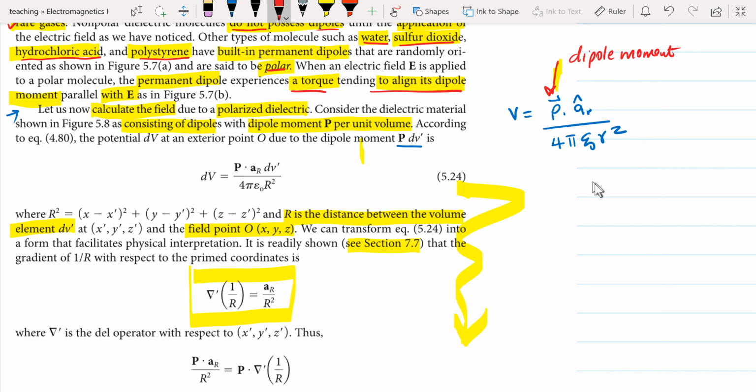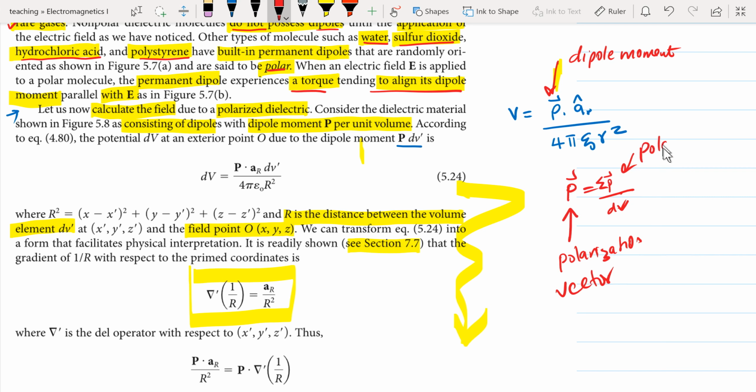If we want to find the polarization vector P, capital P, it is obtained from the sum of the dipole moments divided by unit volume, and that gives you the polarization vector.